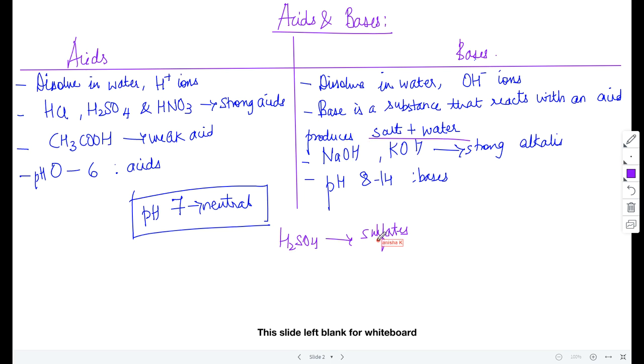Hydrochloric acid forms chlorides. Nitric acid will give us nitrates, and ethanoic acid will give us ethanoates.